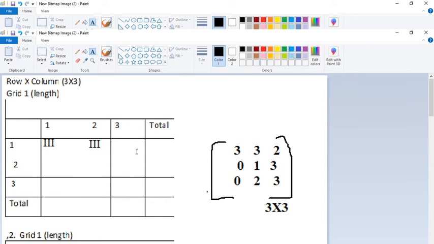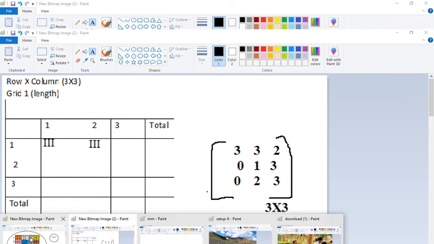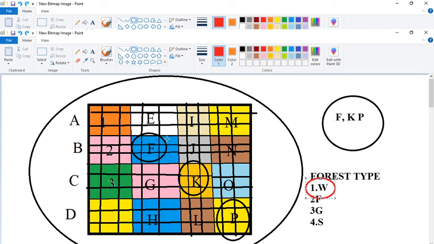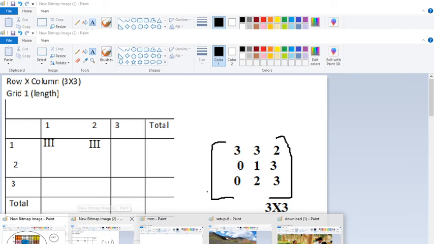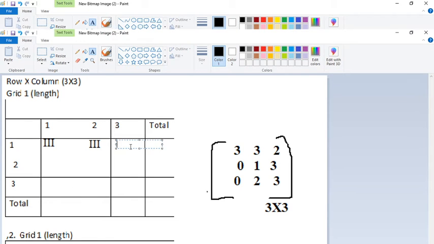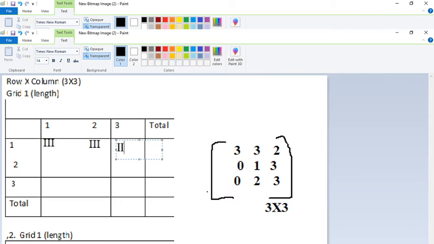And suppose in row 1, column 3, go to reality in the map. Row 1, column 3, this one, that is 3. Then you have to identify the number of the woody trees. Suppose the number of the woody trees is 2. Then you have to observe in reality. Here we are counting in number.